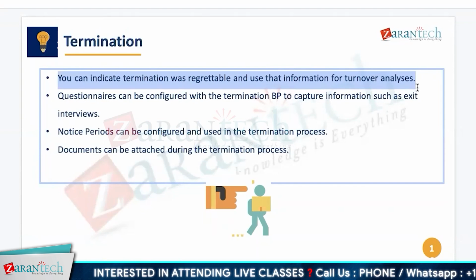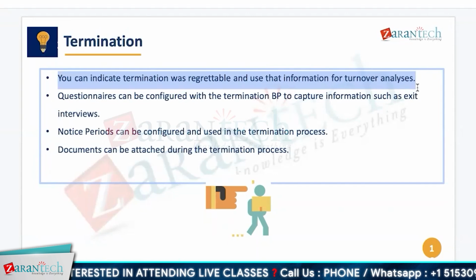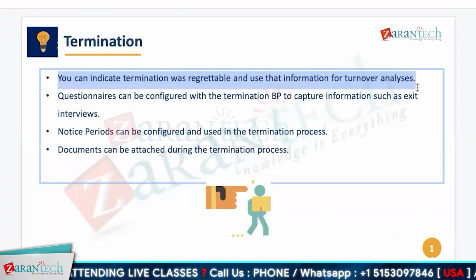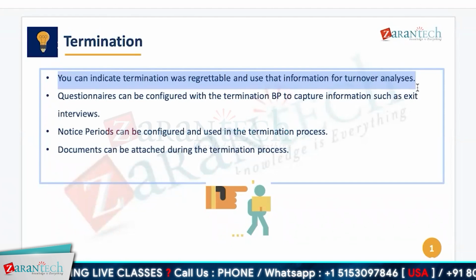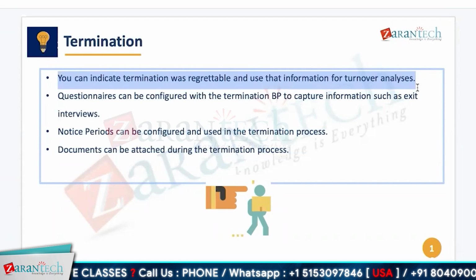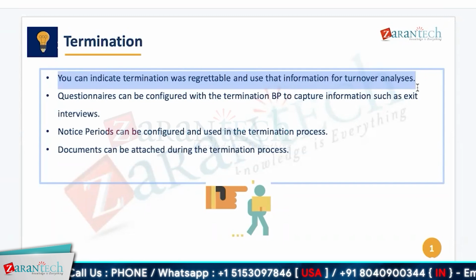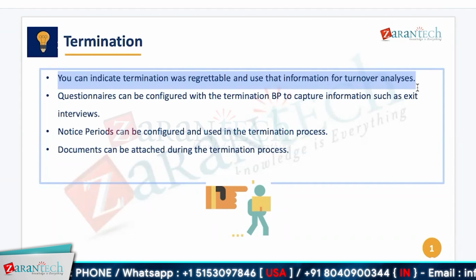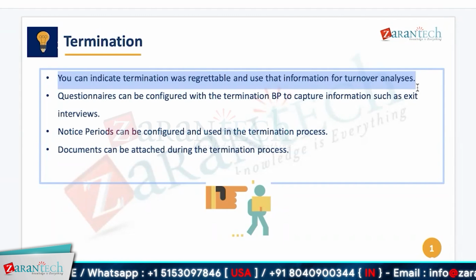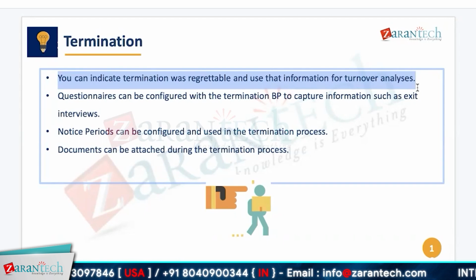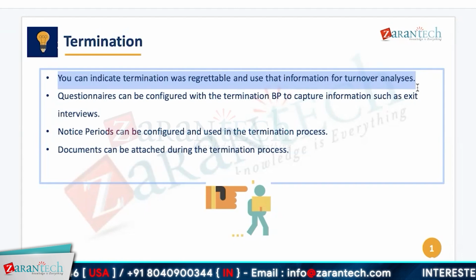In that turnover analysis, for example, let's say in my organization during a quarter 10 people left. Out of those 10 people, as an employer I terminated two of them because they were not meeting the expectation. They had performance issues or maybe other issues, so I laid them off.